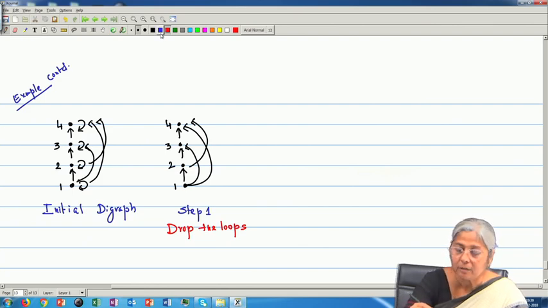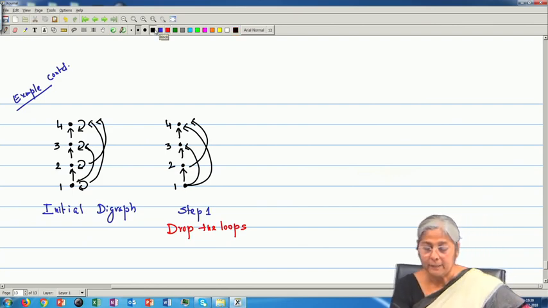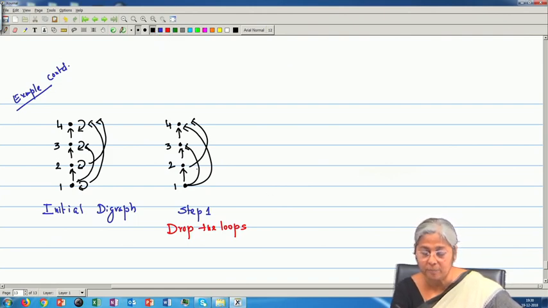Now, what will be my step 2? Then all the edges for the transitive property. That means we can drop 1 to 3, 1 to 4 and 2 to 4. So, step 2 will be 1, 2, 3, 4.